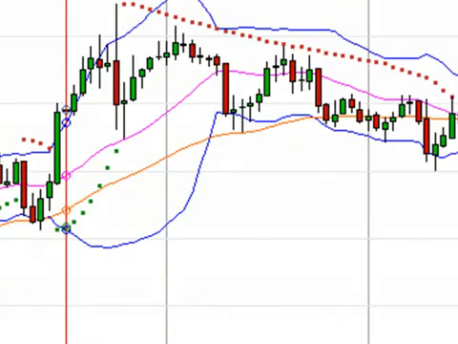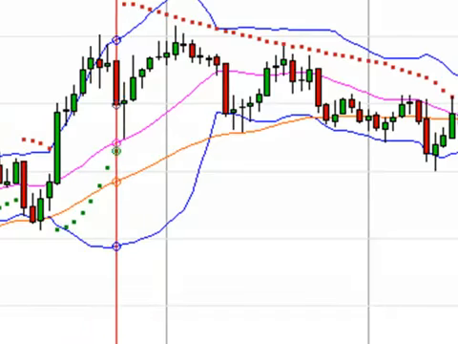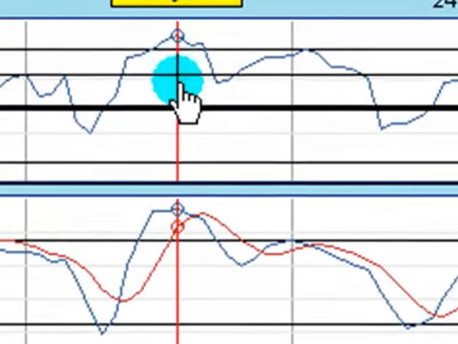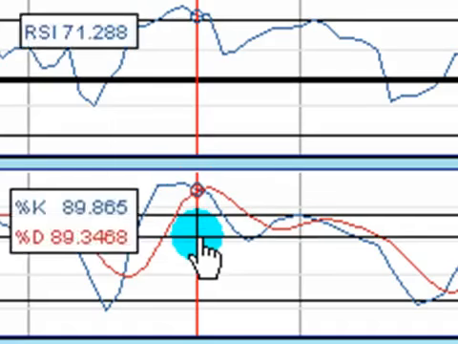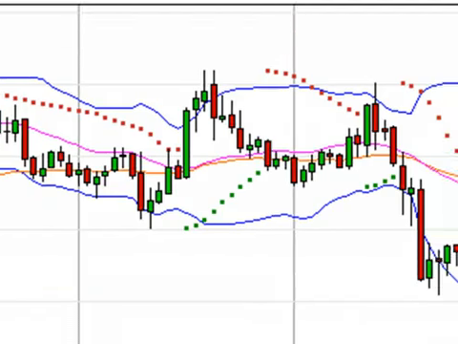I use a candlestick chart, and with that I add the RSI and the stochastic indicator. I would suggest for a more detailed and in-depth look, please take a look at my website. Right, so let's take a look and see what exactly is involved.